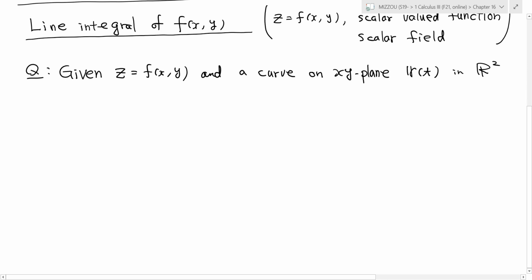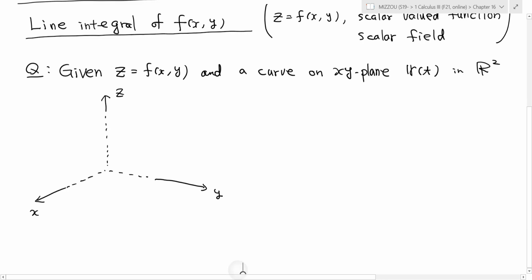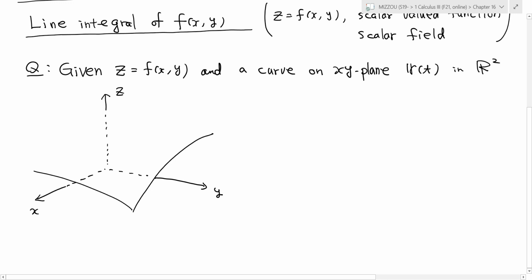Here's the xyz space as usual. X, Y, Z. And then suppose you have the surface given by this one, z is equal to f of x, y.